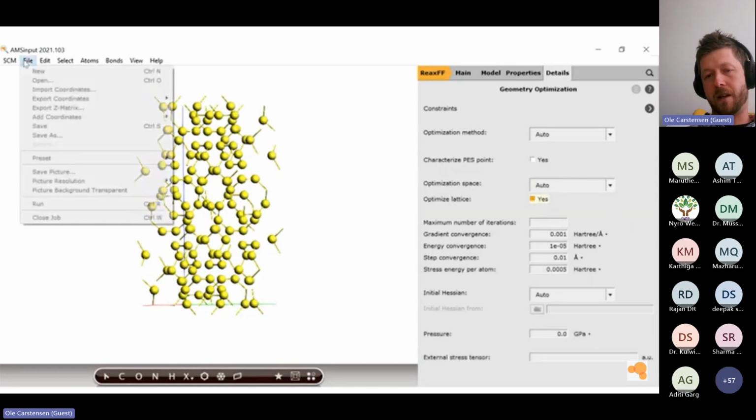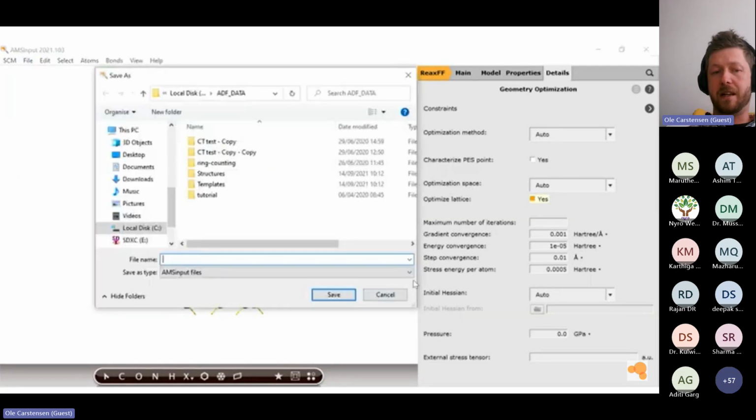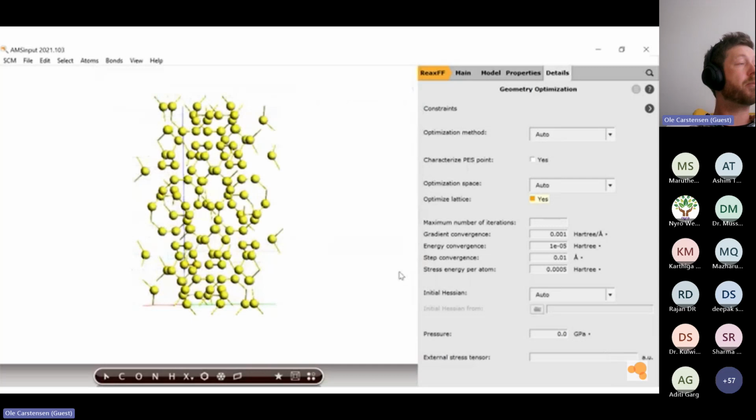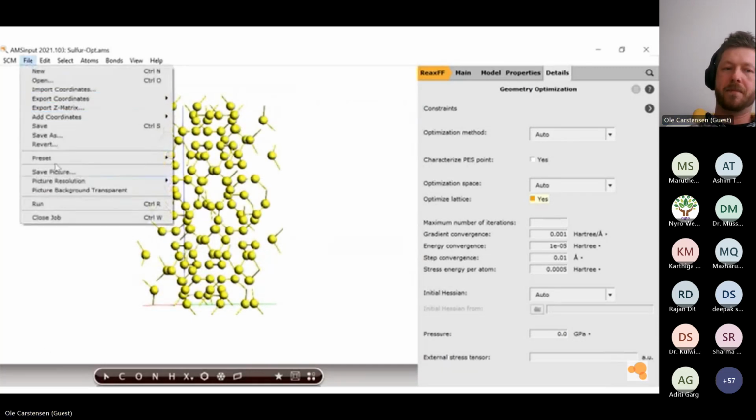We start off with the geometry optimization. I want to optimize the lattice. Then you save the calculation, and while it is running, all local on a Windows machine, you can see the status, follow the progress and see the structure changing.